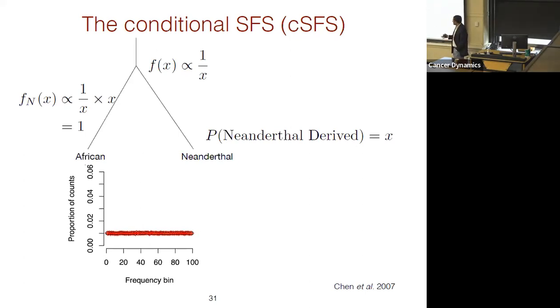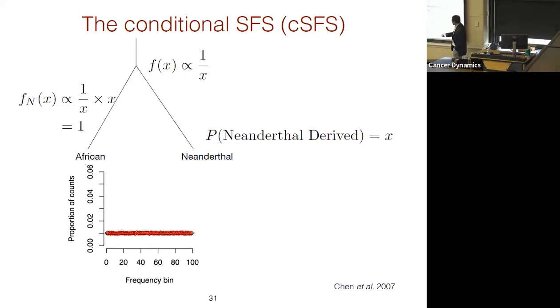And for this to hold, as long as these sites are evolving neutrally, and there are a few conditions, like mutation-drift equilibrium at the root, and there is no further contact between these two populations, this property of a uniform conditional site frequency spectrum holds. Now, why is this useful?